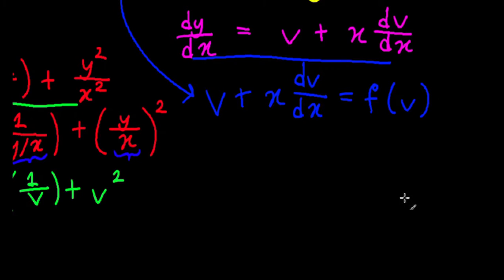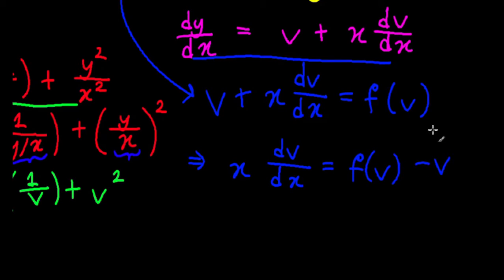Now there's something really interesting going on here, and it's the fact that this is actually a separable differential equation. It might not be that apparent yet, but let's just try to separate the variables. First, let's bring v to the right side. So we have x dv by dx is going to be f of v minus v.